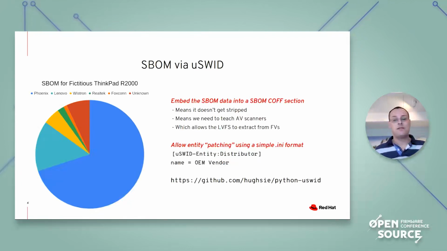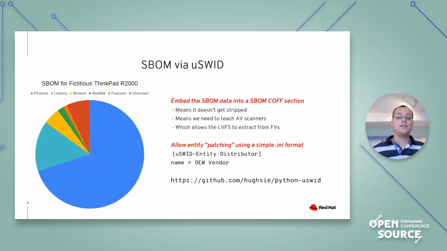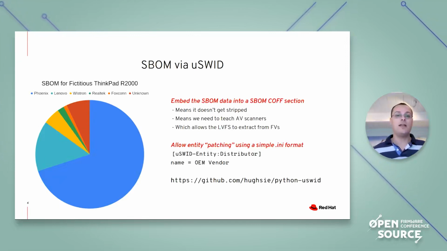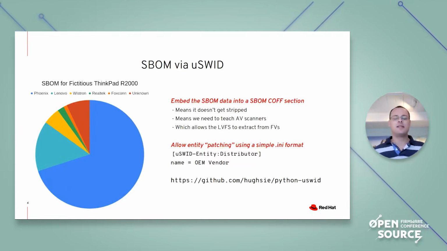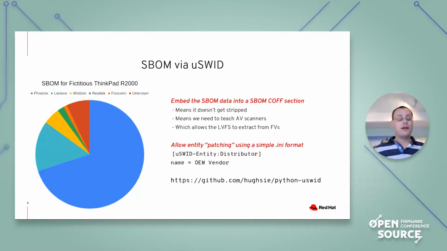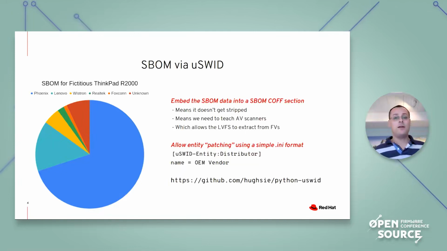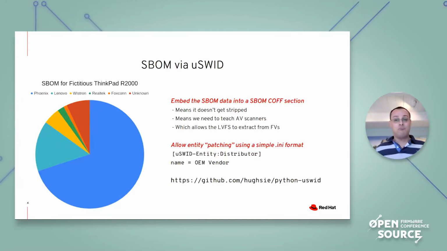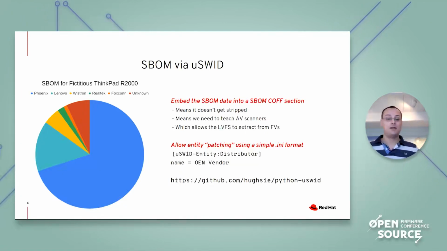So we've designed a very simple ini style override so that if you're a distributor for this EFI binary, you can use a two-line ini file and one line of Python code to embed that entity into the software bill of materials. So you can make it really simple and maybe even include it in the ODMs' or the OEMs' build pipeline for firmware.